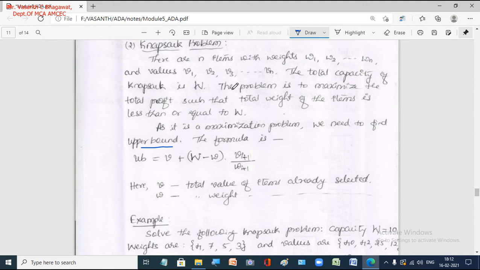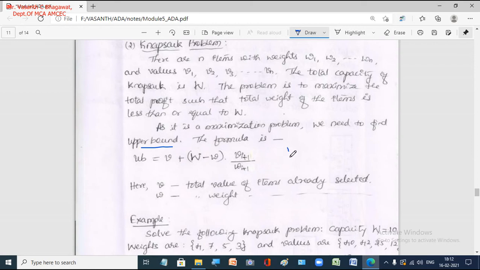If you select the first item, that item has some weight small w and some profit small v, multiplied by the profit to weight ratio of the second item.